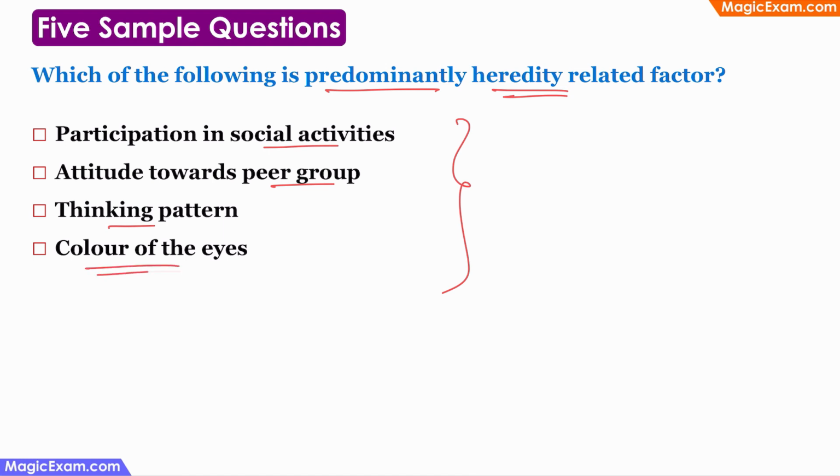Now, color of the eyes is definitely something that is affected by heredity, because if the parents or the grandparents or the great grandparents have green colored eyes, then there are chances that the child will also have green colored eyes, because many of these physical traits are transmitted through genes, and sometimes it may skip one generation and appear in the next generation, but still these are traits that can be passed on through the genes or the DNA. Therefore, color of the eyes is predominantly affected by heredity.